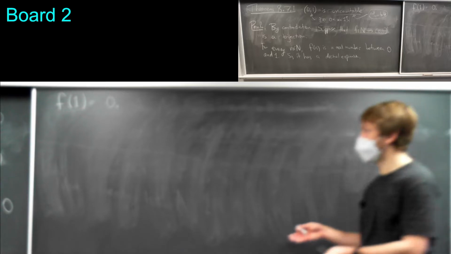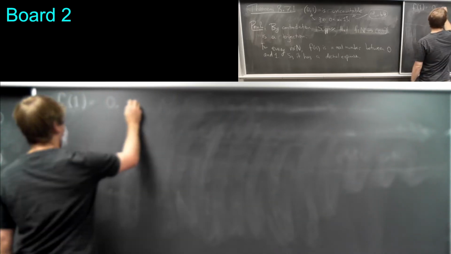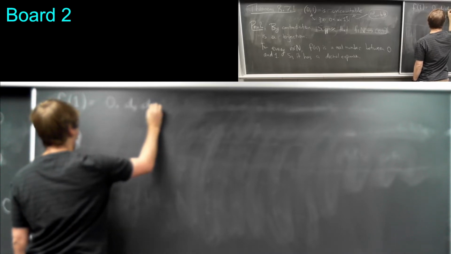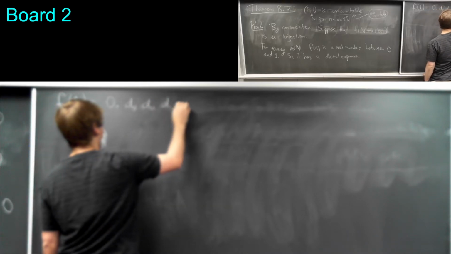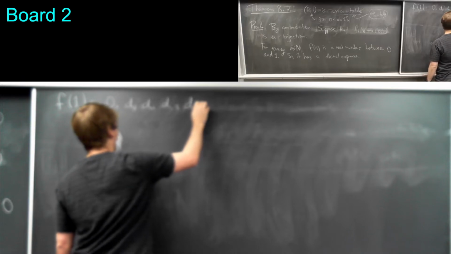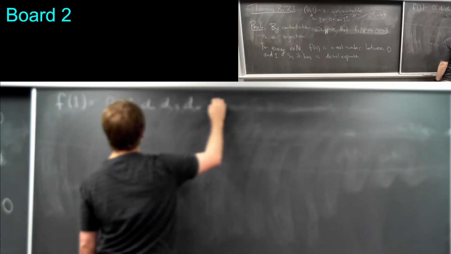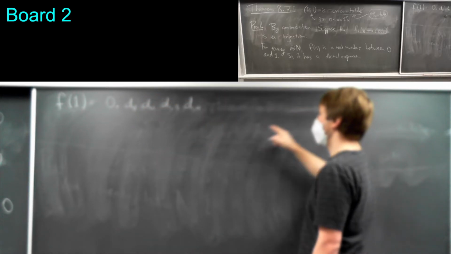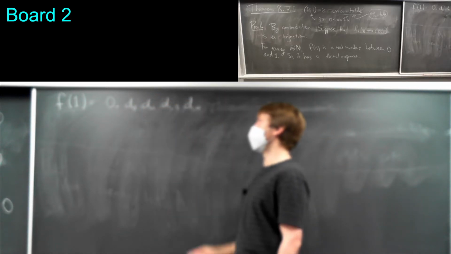I'm going to write out the digits as d11, d12, d13, d14, and so on. Each of these digits is a number between 0 and 9.